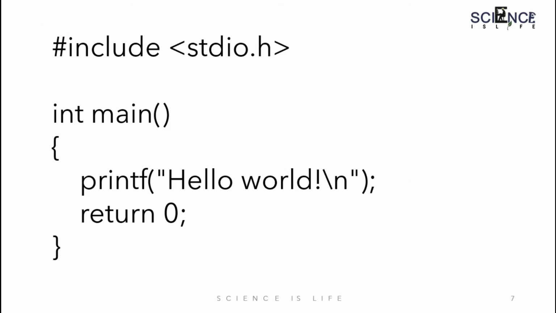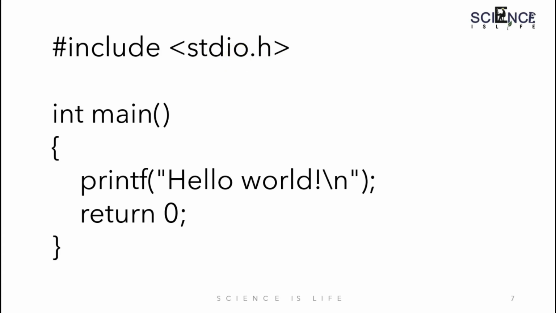Now you can see that at the top of this program there is a statement, hash include, right? It is a preprocessor directive, and stdio.h is a header file, right?